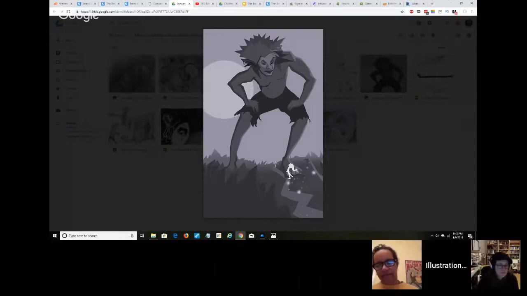She's using the element of value, and she's observing the design principle of dominance. It's got a dominant dark value, and it still has contrast in it. It's got a light in it too, even though it's a nighttime scene. It's got some strong lights in it, but they are absolutely overshadowed by the dark, the deep gray tones.